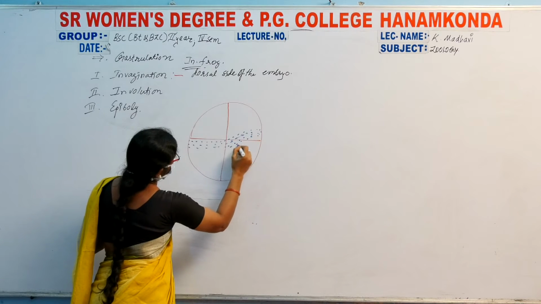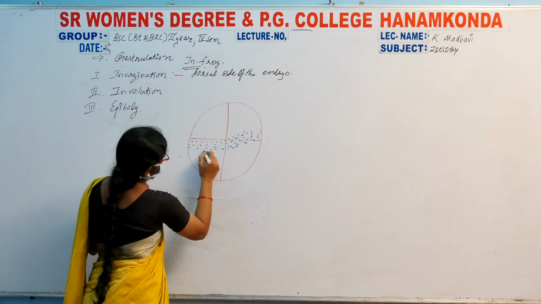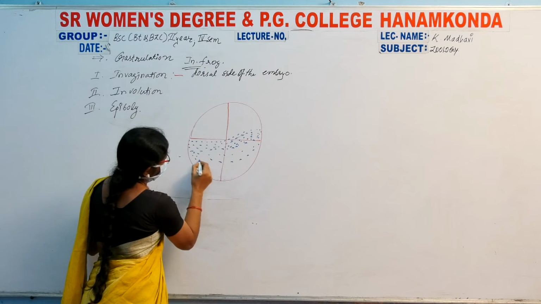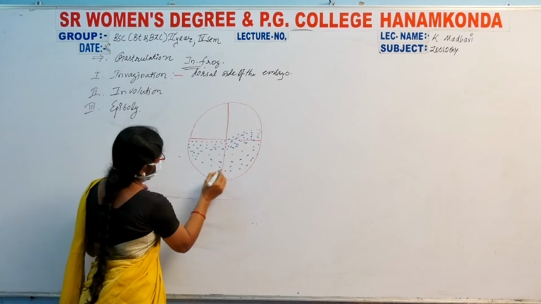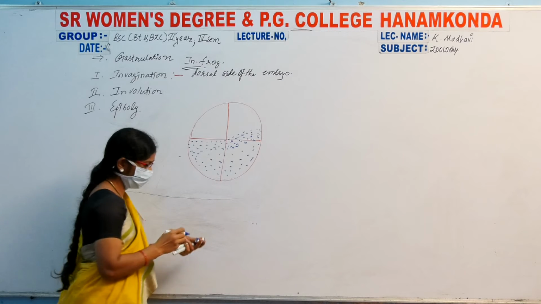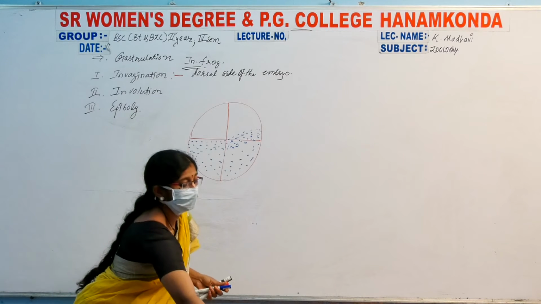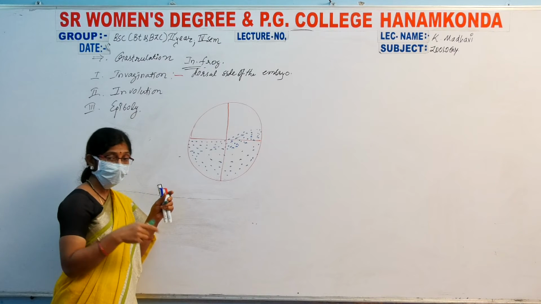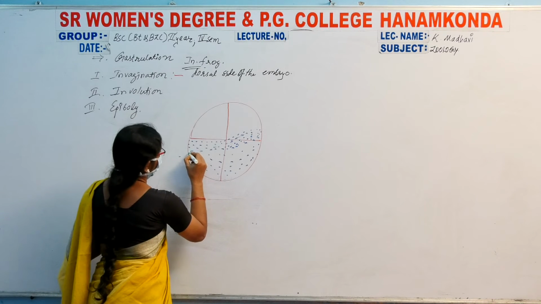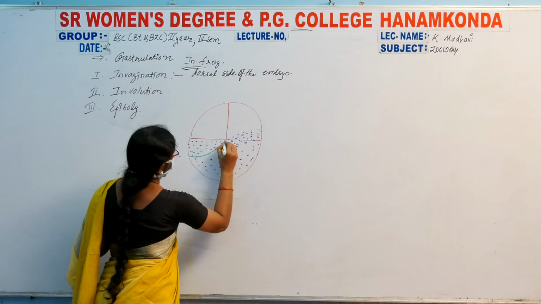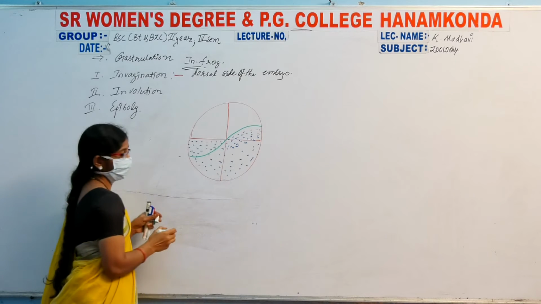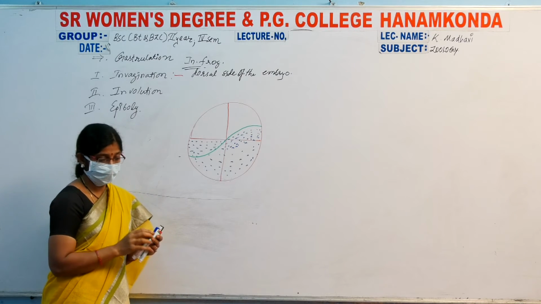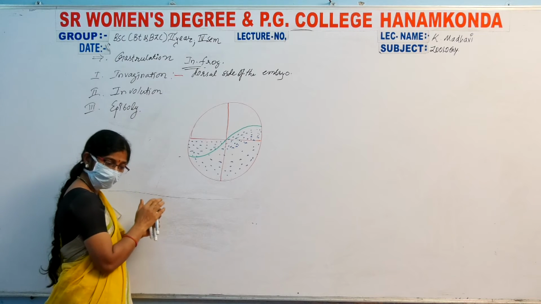The yolk content and the gray matter are present at the vegetal pole side. Let us draw a simple structure, a small curve like this. We should label this diagram to know about the parts.